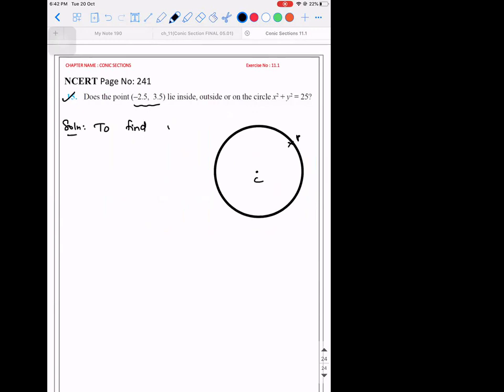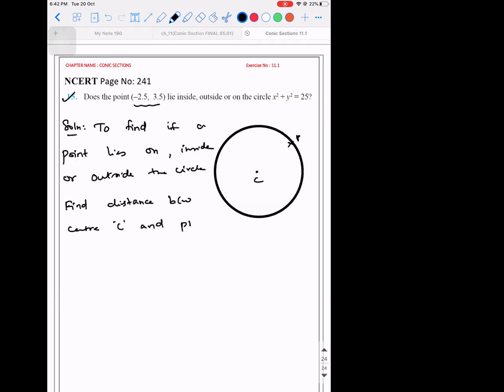To find if a point lies on, inside, or outside the circle, find the distance between center C and the point P. If CP is less than R, the point is inside.